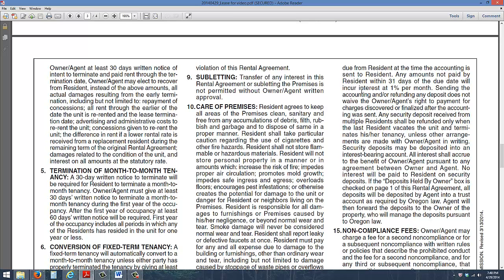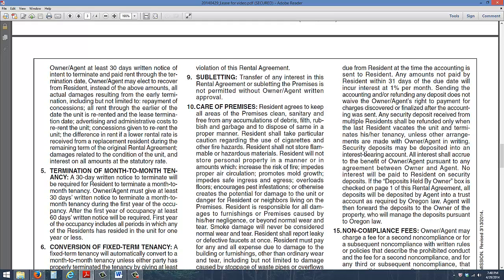That also means we don't waive the right to add additional charges after the 31 days should we discover additional damages after we already mail out the final accounting. It also talks about an interest-bearing account for the security deposit. Security deposits may be deposited into an interest-bearing account, and if so, we will be retaining all the interest.